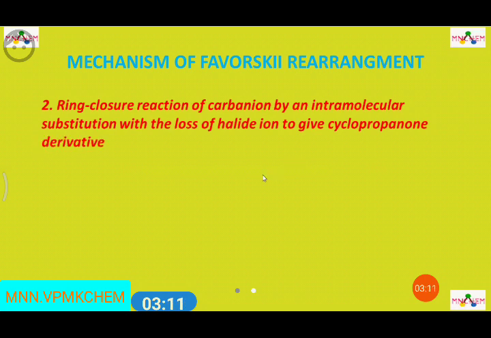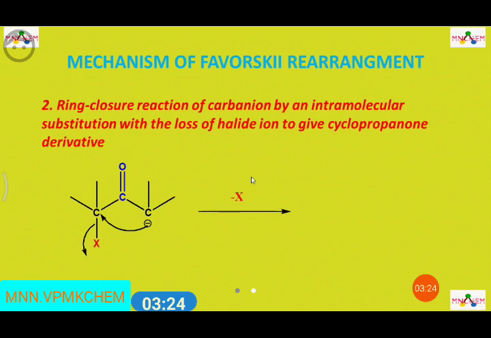It can be represented stepwise. This is our carbanion form from the first step. It undergoes an intramolecular substitution reaction as represented by these arrows, and with the loss of this halide ion, it gives a cyclopropanone derivative as an intermediate.